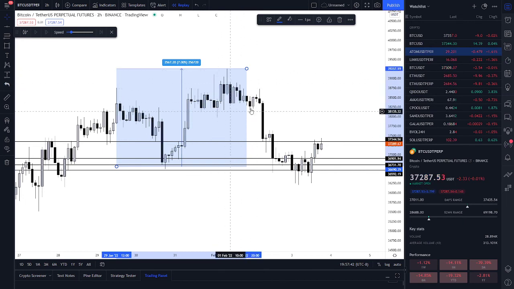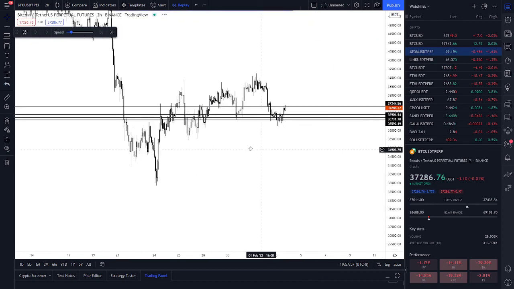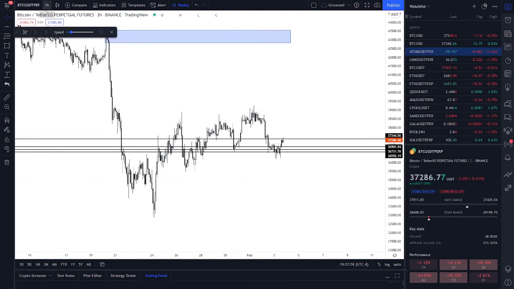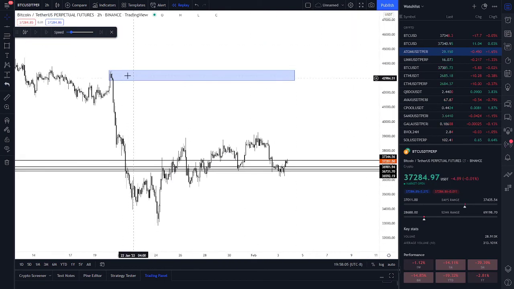We actually shorted the top of this. The short is posted in my inside channel. But that's another example of a demand zone on a lower time frame. Right, so this OB hasn't been tested yet.